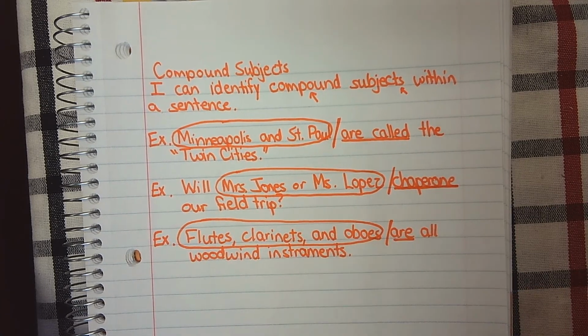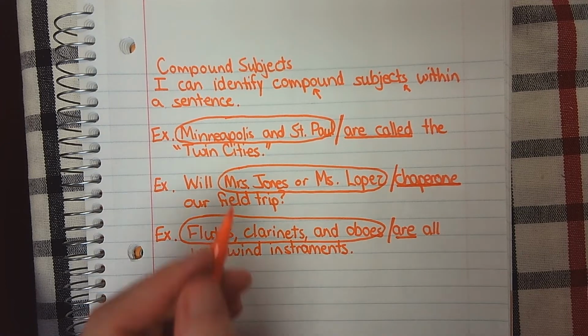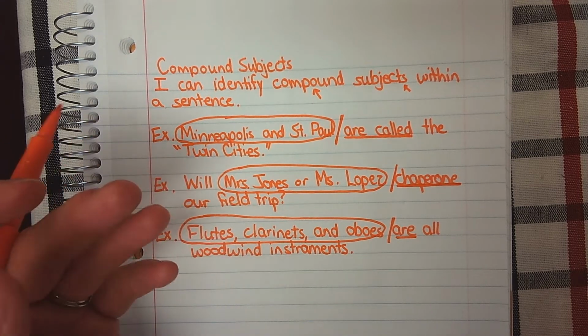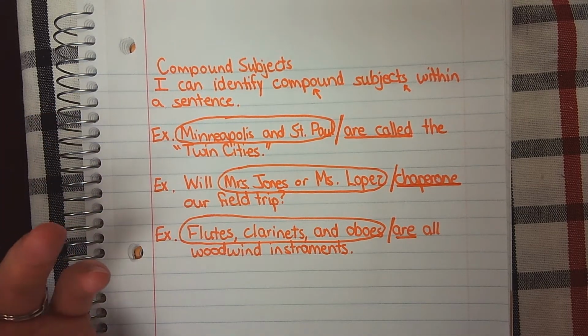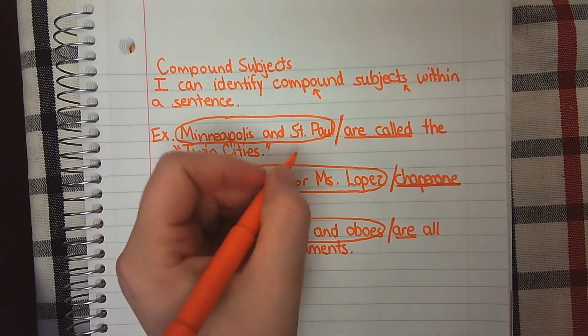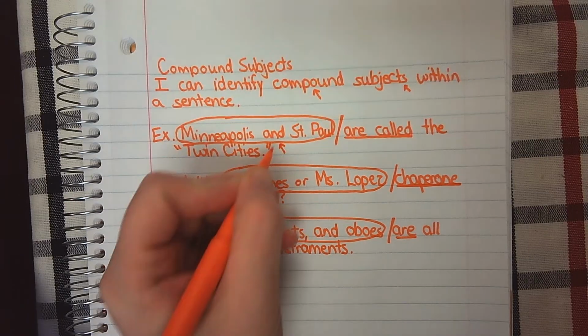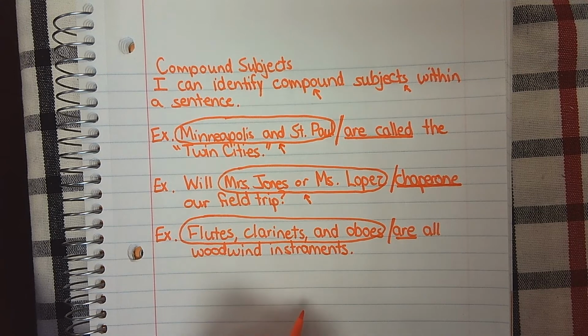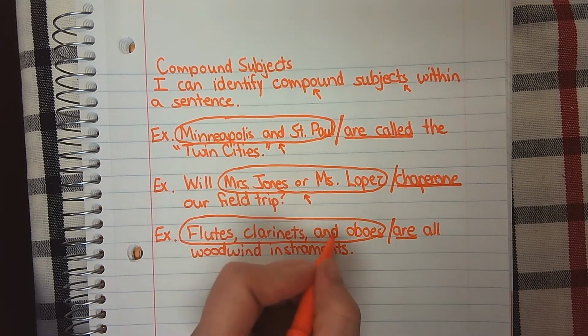Now, normally in our sentences that have a compound subject, these different subjects are joined together using a conjunction. Most times that conjunction is the word and or or. So we've used and here, and we've used and again here.